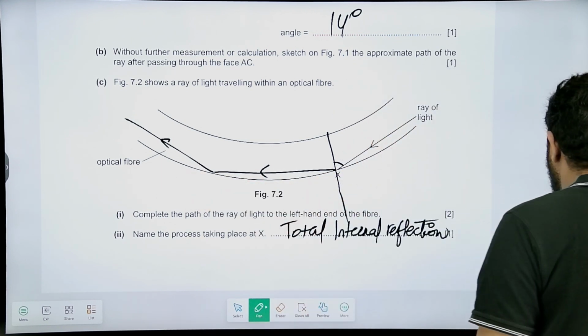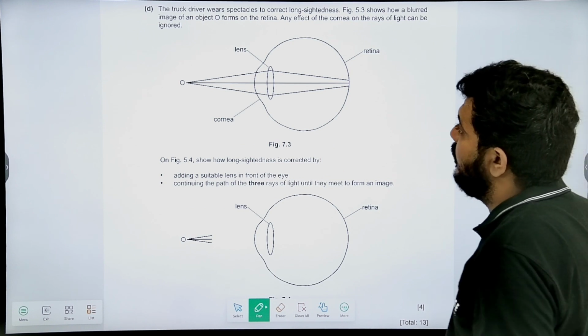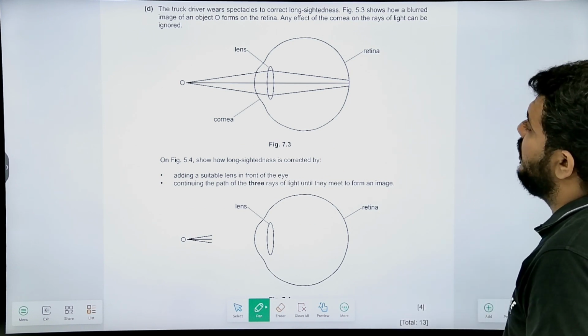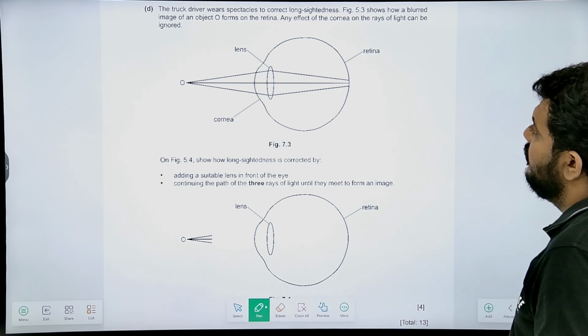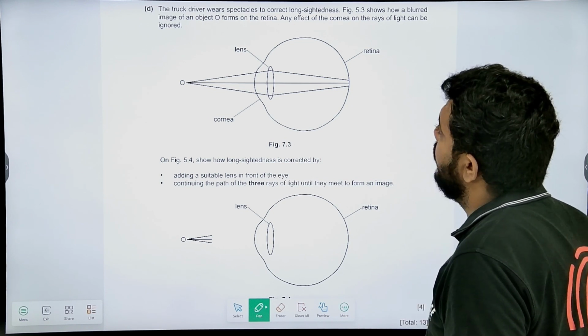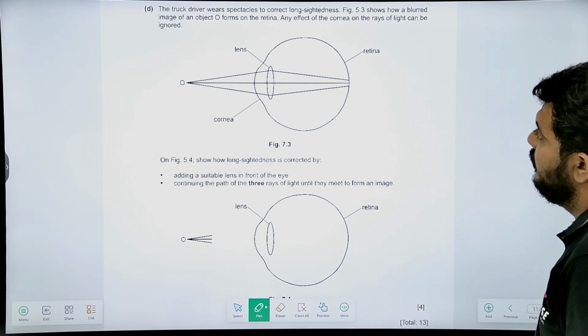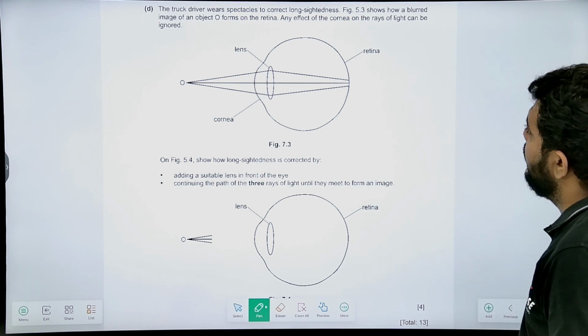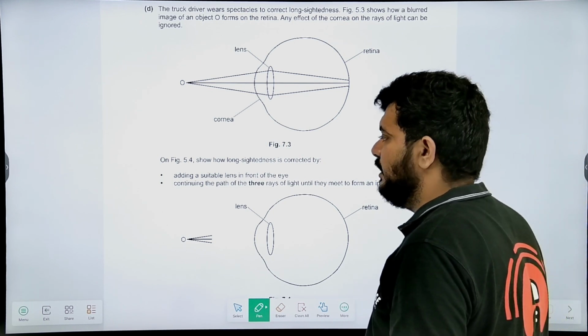It is reflection. Now, the truck driver wears spectacles to correct long-sightedness. Figure 7.3 shows how a blurred image of an object forms on the retina. Any effect of the cornea on the rays of light can be ignored.